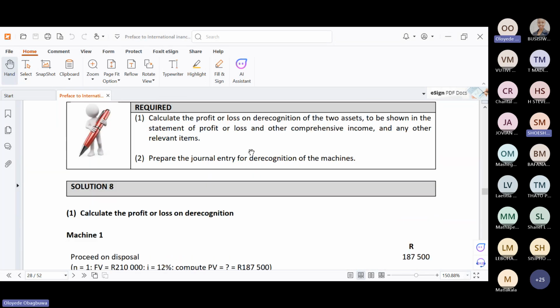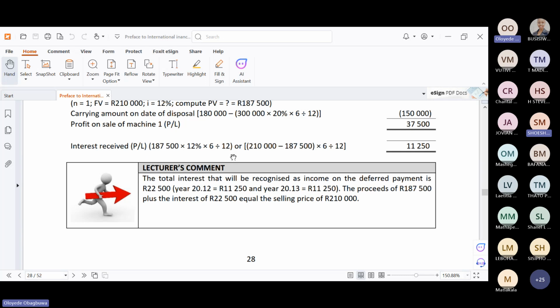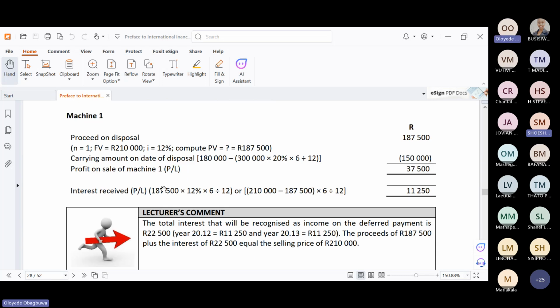Then you have to determine the 6 months, because that one is for 1 year, to determine the carrying amount, which is 150,000. That's the carrying amount.